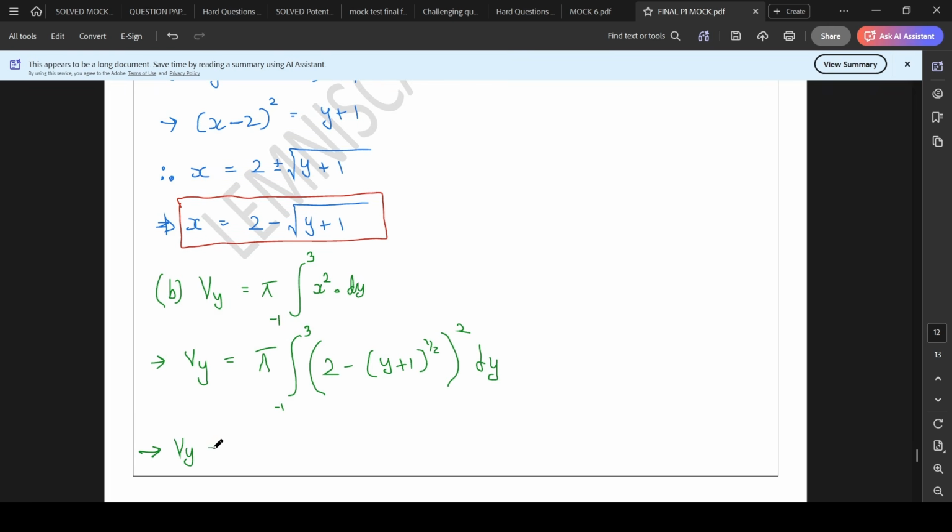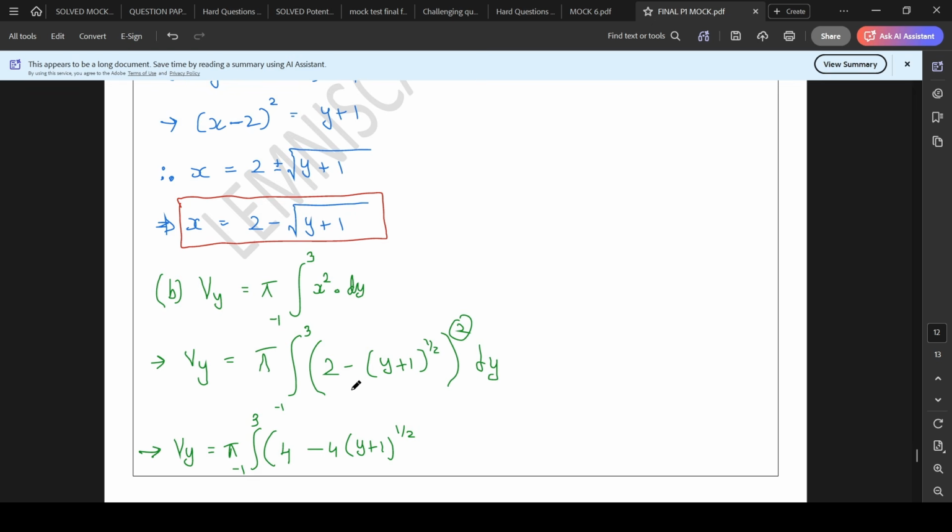So Vy is equal to pi, and then the integration going from -1 to 3. If I open the square, so 2 square is 4, then I need to multiply the terms for the middle term. So 2 times 2 is 4, and then there is a negative, so -4 times (y plus 1) to the power of half.